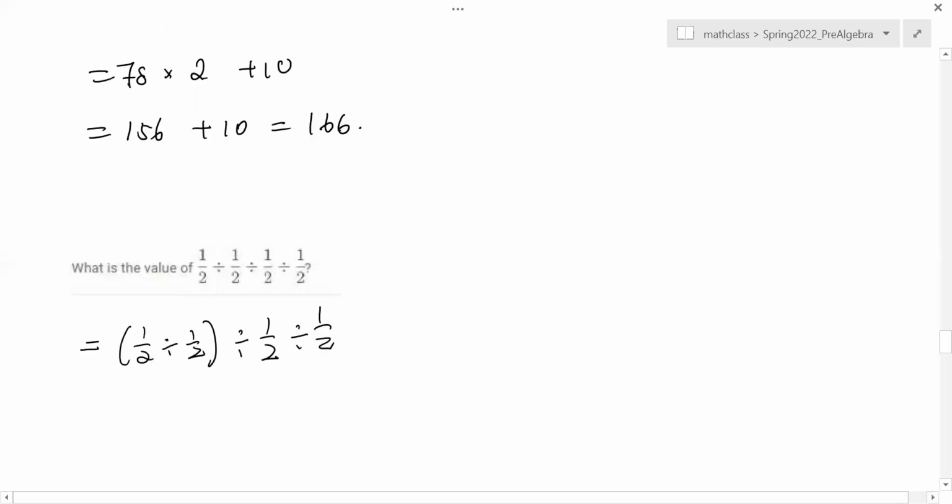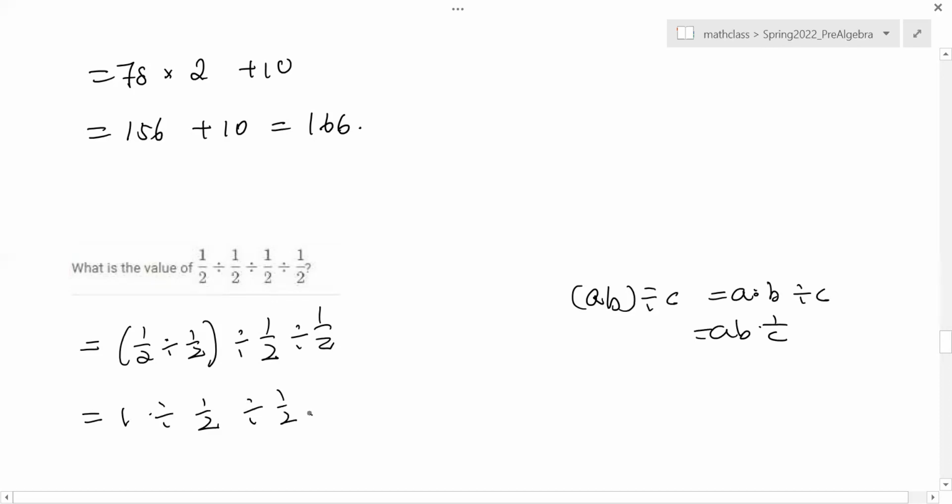Because AB divided by C, you can write AB times 1/C. So you can group the first two together, otherwise you have to use a parenthesis there. So that's clear that 1/2 divided by 1/2 is 1, so 1 divided by 1/2 divided by 1/2.